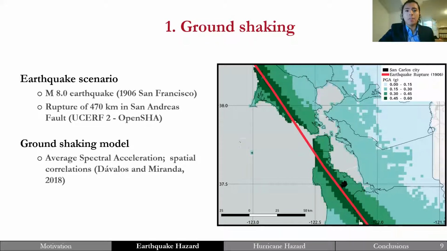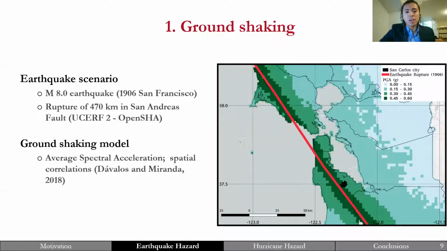So first, for the ground shaking, we assessed a repetition of the San Francisco 1906 earthquake of magnitude 8. You can see that it's a massive rupture through the San Andreas Fault here.